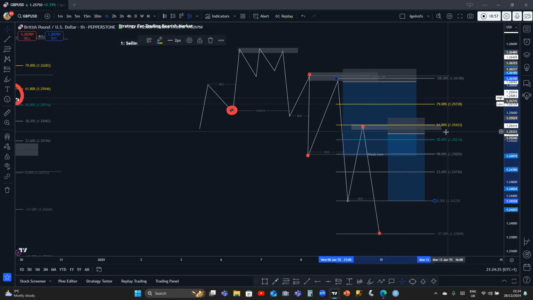Anything above 50% to 79%, once I see any hesitation and price starts giving me a bearish candle, I'll allow the first bar to close. Once the second bar opens and it's also a bearish candle, I'll just short the market.